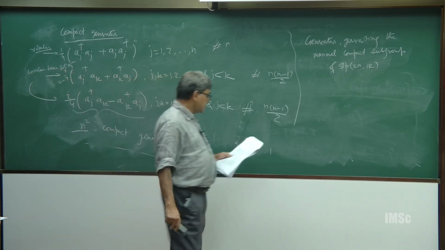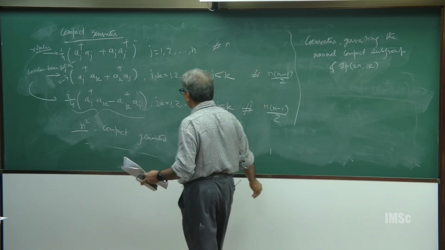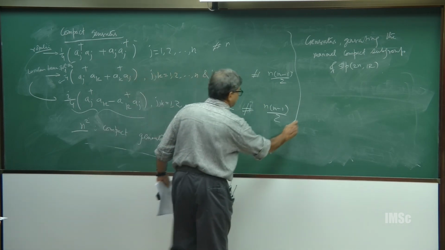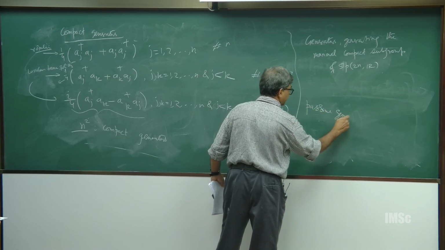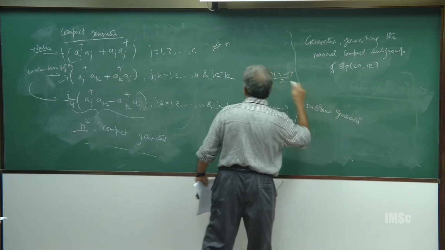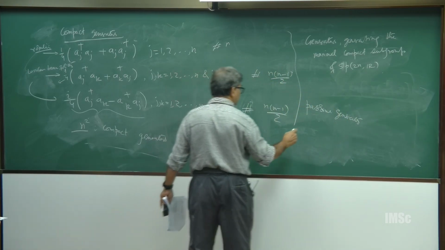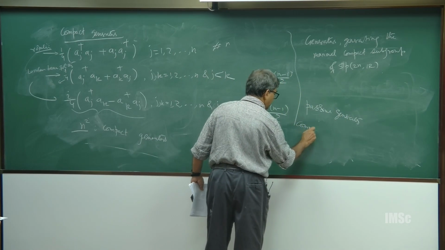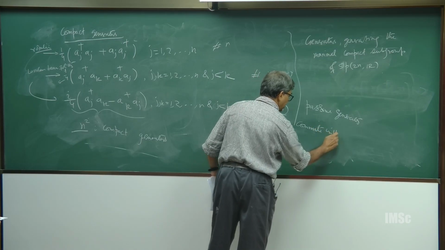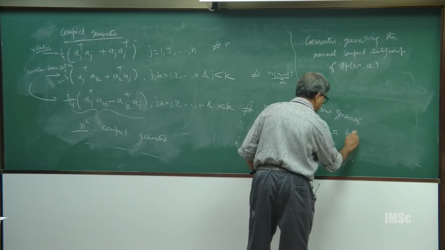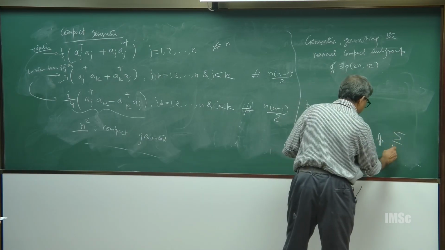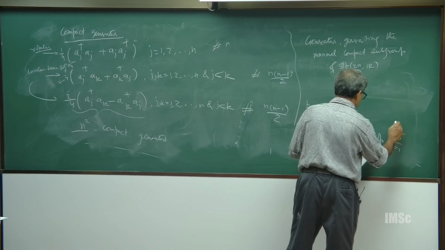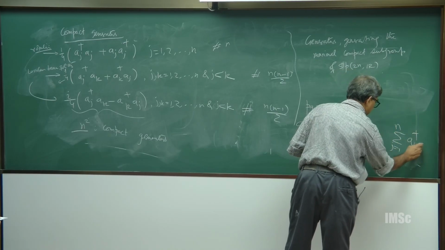And these are all passive generators. Why passive? Because all of them commute with the total number operator, namely the sum over j equal to 1 to n of aj dagger aj.